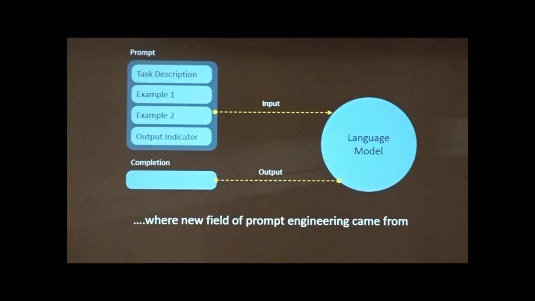This is where the field of prompt engineering came from. Here itself the field of prompt engineering started. So I told you, what is prompt engineering? Creating and designing the prompts in such a way as to enhance the performance of the model.